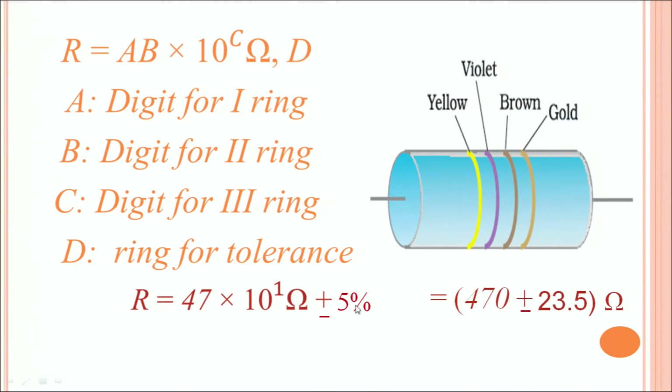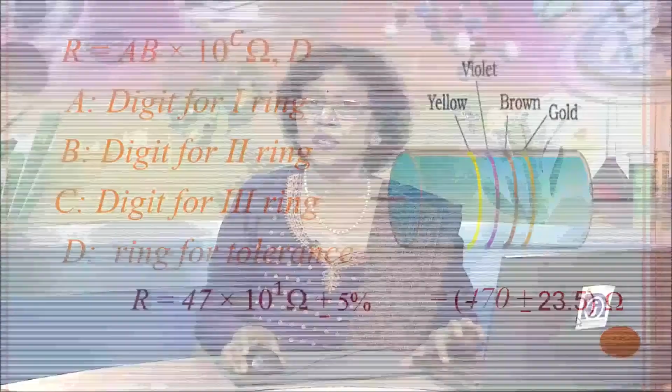5% means whatever is the value that you have just read, 470 ohms, if you use a multimeter to read the value exactly, then you can have a value of 470 ohms plus minus 5% of that. That means the value can turn out to be 470 minus 23.5 to 470 plus 23.5 ohms.